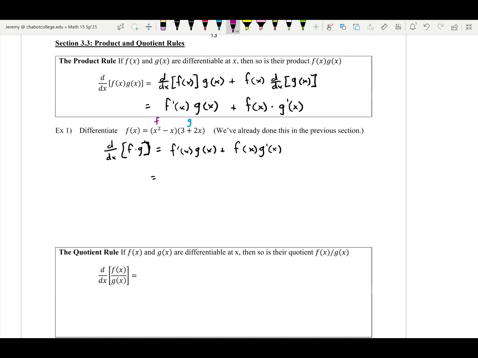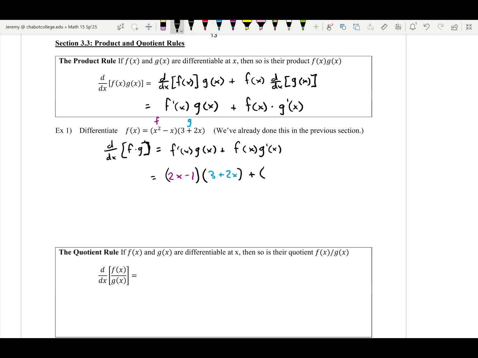So let's do this. f prime is going to be 2x minus 1 times g of x, which is just 3 plus 2x.